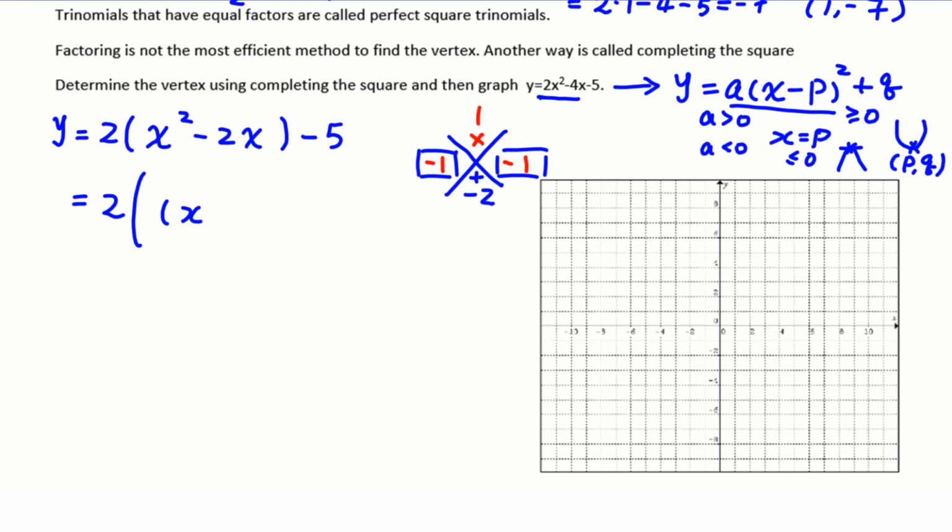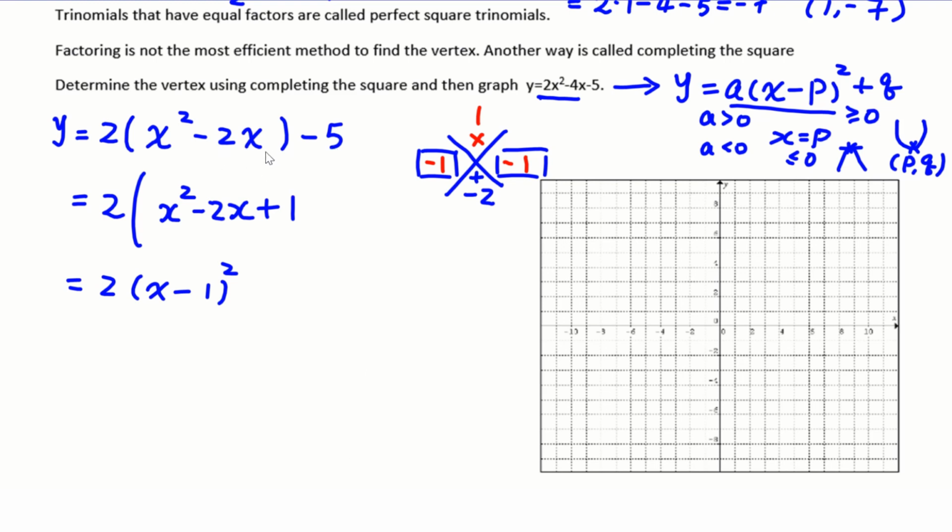So it means we need to have x squared minus 2x, add together, and plus 1. So if we have add together equals -2 and times together 1, you are going to have a perfect square, x minus 1 bracket squared.